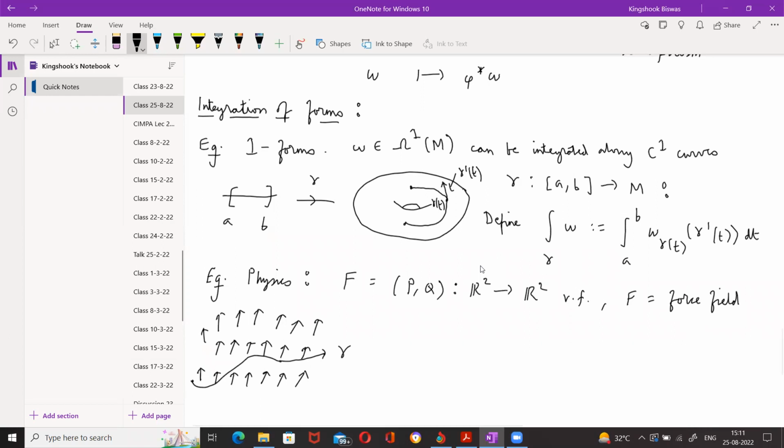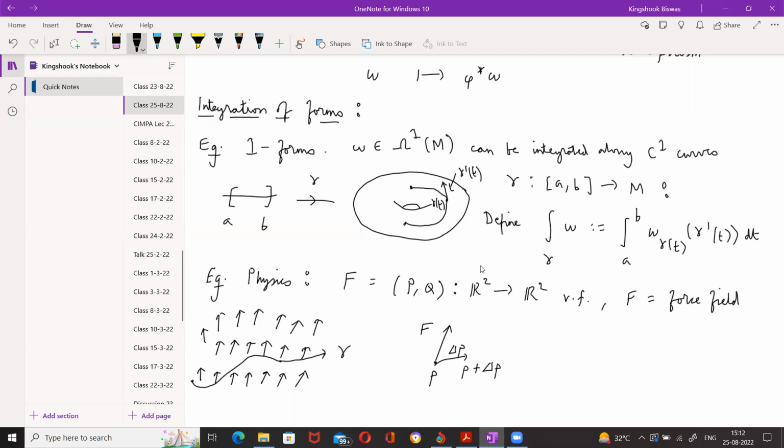So if this is a small portion of gamma, and this is the force field at the point gamma of t, then what is the work done in moving from, say, a point p to p plus delta p? So this vector here is delta p. This vector is F.